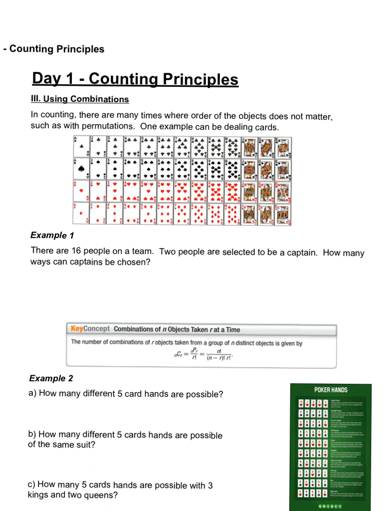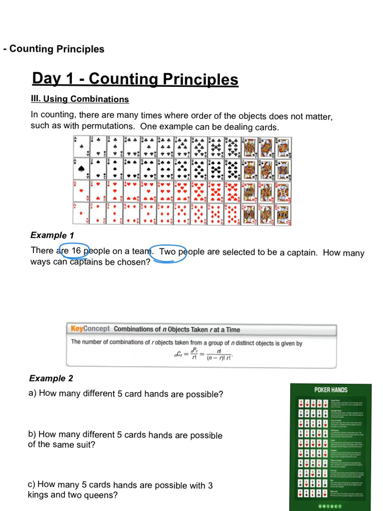Combinations are a little bit different than permutations, you guys, because order doesn't matter. So looking at example 1, 16 people are on a team, 2 are selected to be captain. Well, it doesn't matter if John or Sally's picked first, both of them are captains of the team. So the question is, how many ways can captains be chosen? Well, we have 16 people on the team, 2 are going to be chosen to be captains.